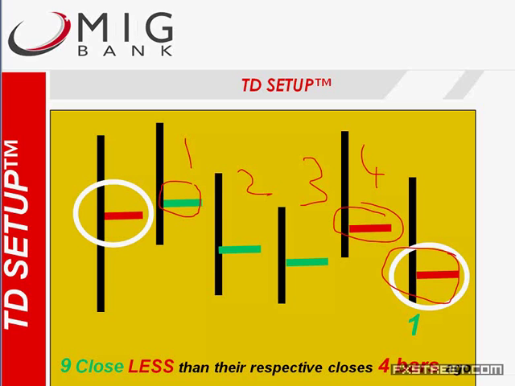This is bar 1, but then bars 2, 3, 4, 5, 6, 7, 8, 9 all consecutively have to equate to the same algorithm. So we have to have 9 consecutive closes less than their respective closes 4 bars ago. If that doesn't happen, then this indicator just continues to look for that criteria to be fulfilled. This criteria must be filled in order for the stage to be triggered, and then in order for the next stage to complete. Is everyone clear on that?